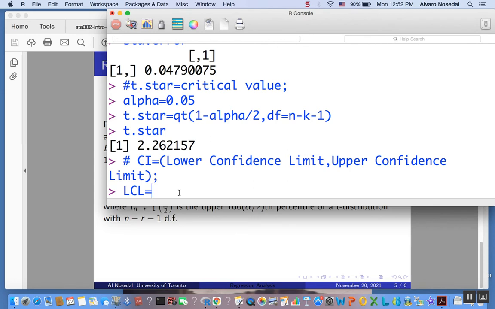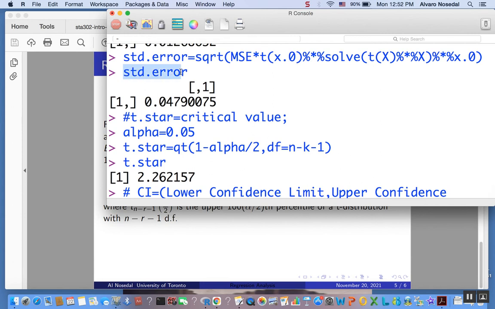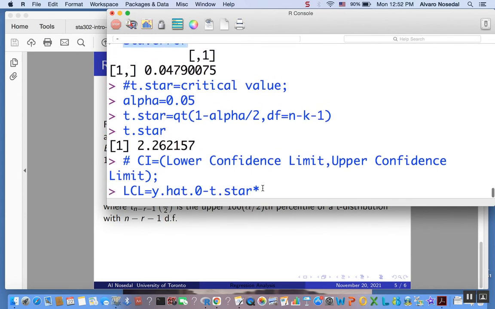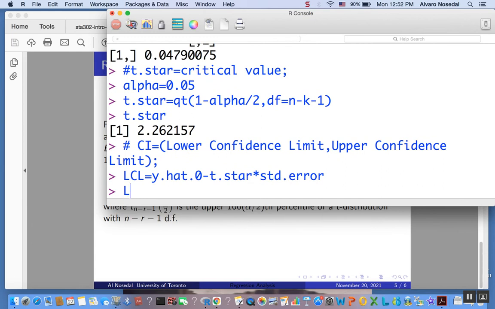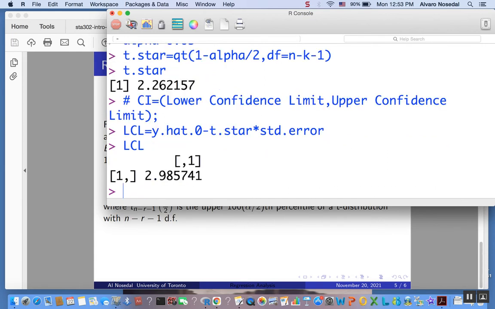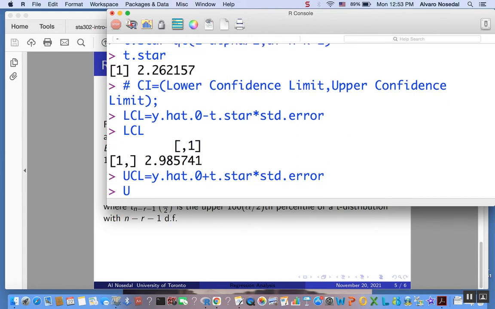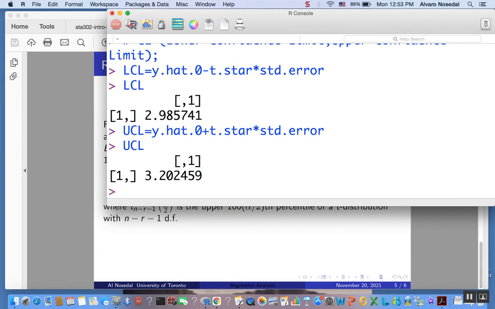So it's going to be just y hat 0, that's what we called it, minus t star times the standard error. Okay, so LCL, and UCL, the upper confidence limit, it's the same but with a plus sign here. So UCL, there we are.